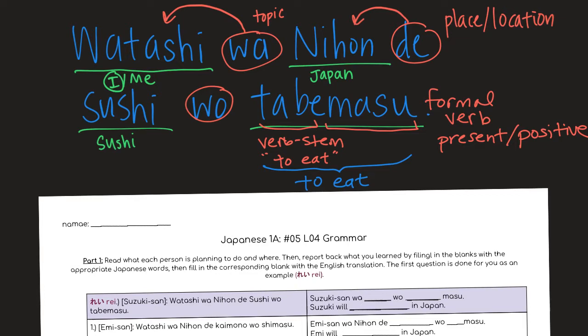Okay, so our last particle is particle wo. Particle wo is telling us that the sushi is the object of the sentence. And I like to say the wo tells us what the object that's being manipulated is. So this is the object being manipulated.